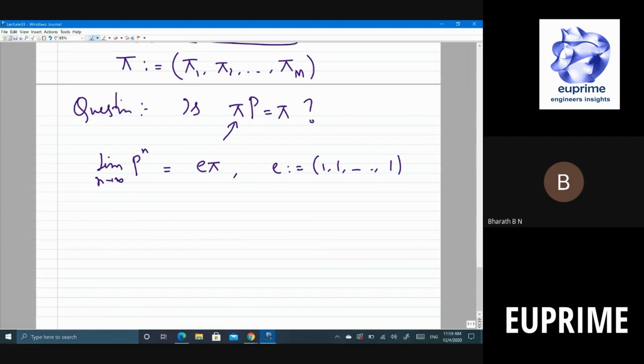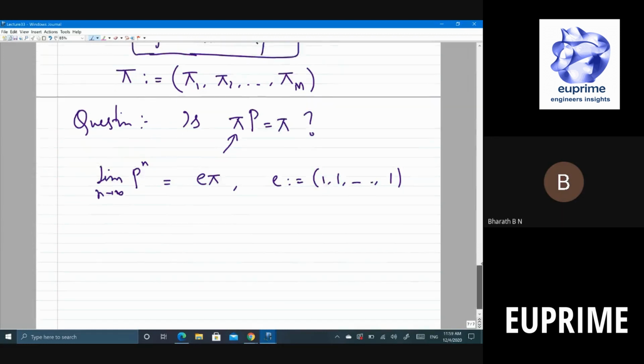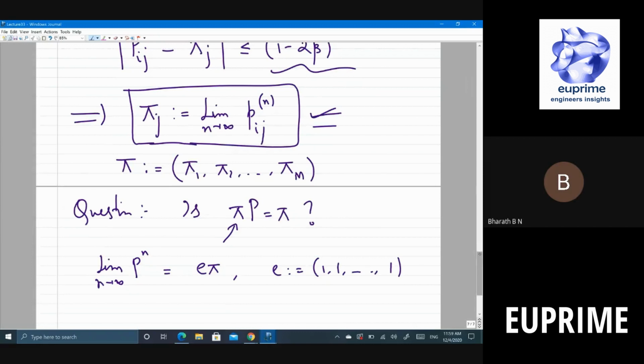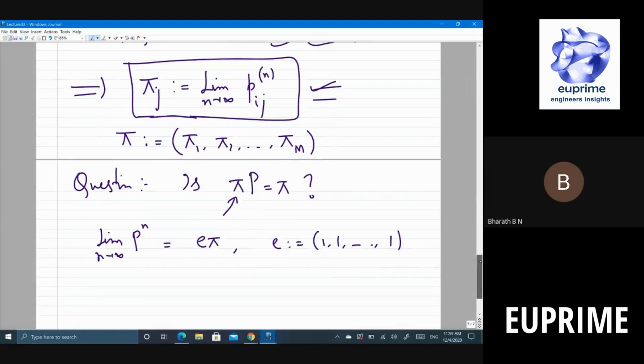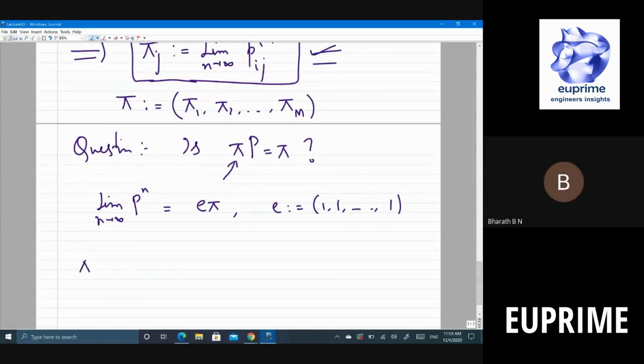Do you agree? Is that correct? All the rows or columns? Rows will be pi of the P matrix. Yeah, that's correct. So that means if you look at each row of P power n, this goes to pi.